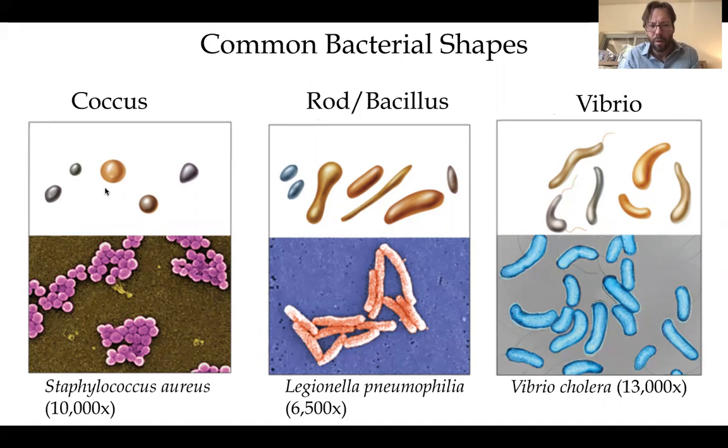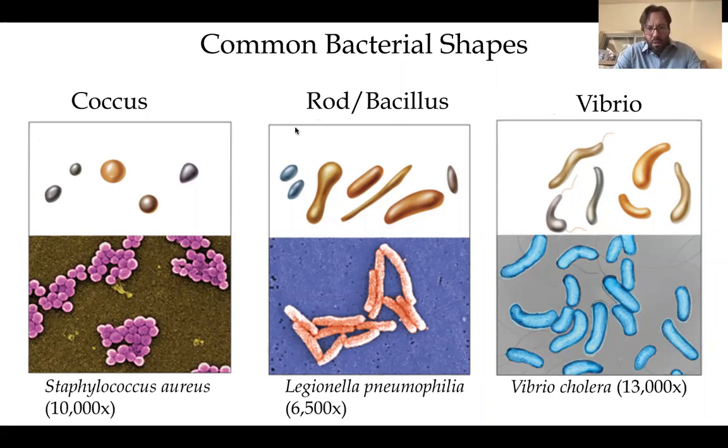So staph is the arrangement, coccus is the shape. So the other one is strep, right? Streptococcus, and we'll talk about that soon too. But that is going to be a strip, hence strep, a strip or a long chain of cells.